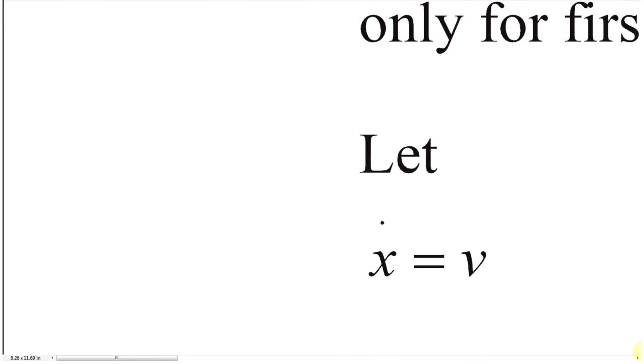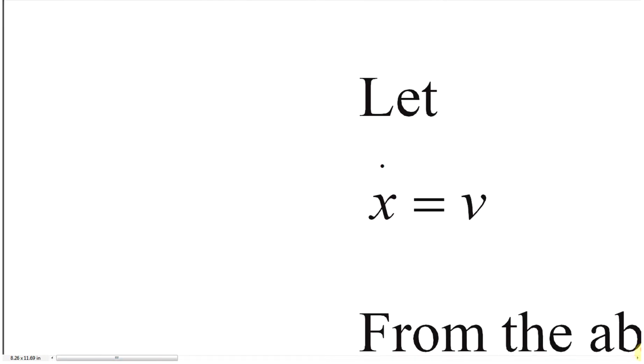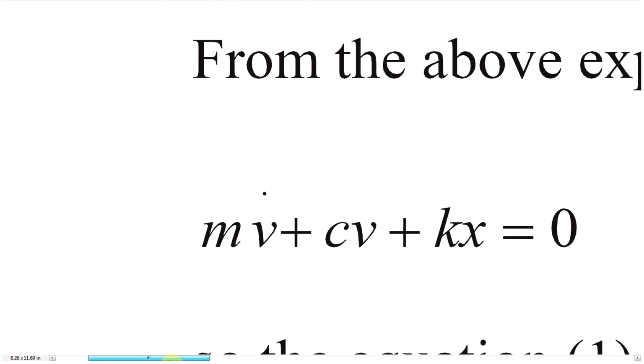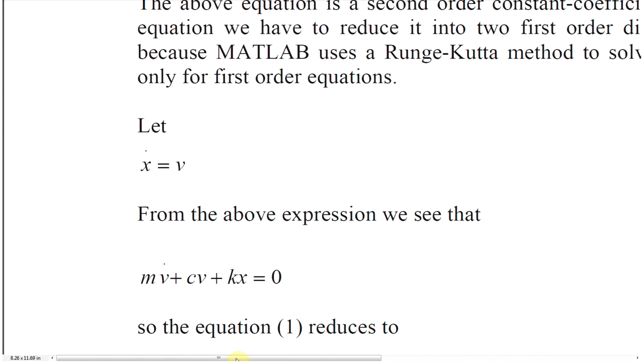So v equals x dot, and then rearranging we get m v dot plus c v plus k x equals 0. Now I think last week I may have used y, and this week I may use x, but it's the same thing. You have to replace the second order equation by 2 first order equations. I think that was covered fairly well.